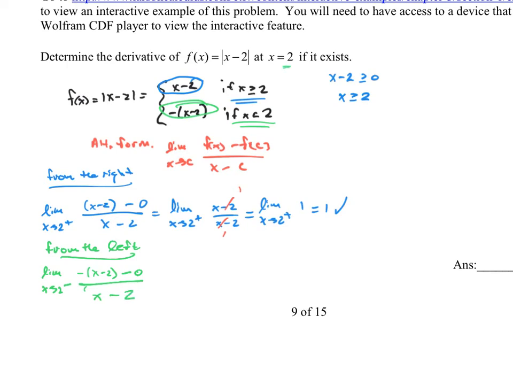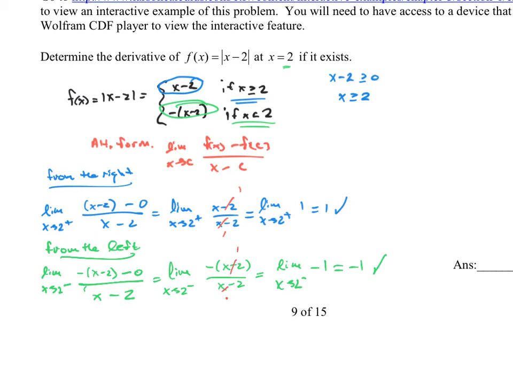Remember, you're evaluating this at x equals 2, right? So this would be the limit as x approaches 2 from the left of negative x minus 2 all over x minus 2. The x minus 2 simplify, and we end up with the limit as x approaches 2 from the left of, well, it's just a negative 1, and the limit of a constant is the constant, so that's negative 1.